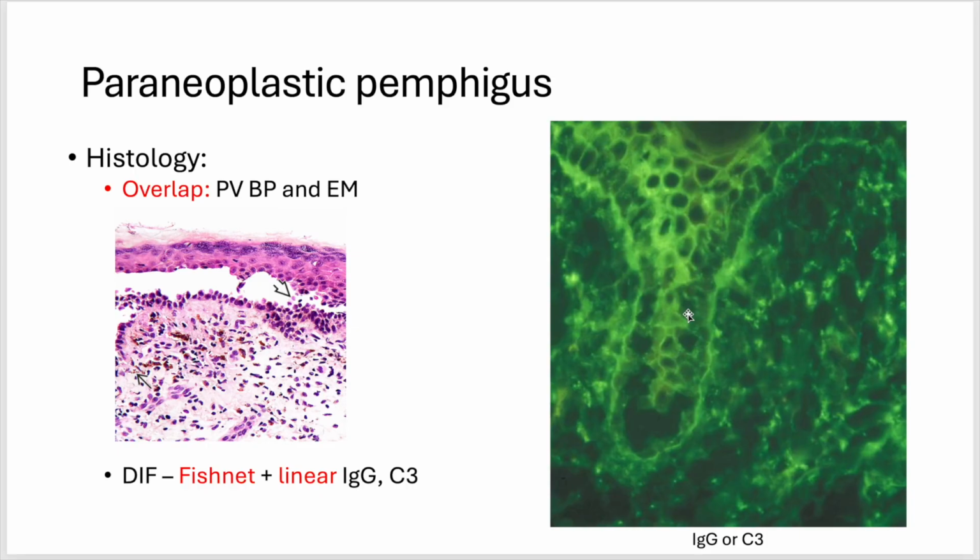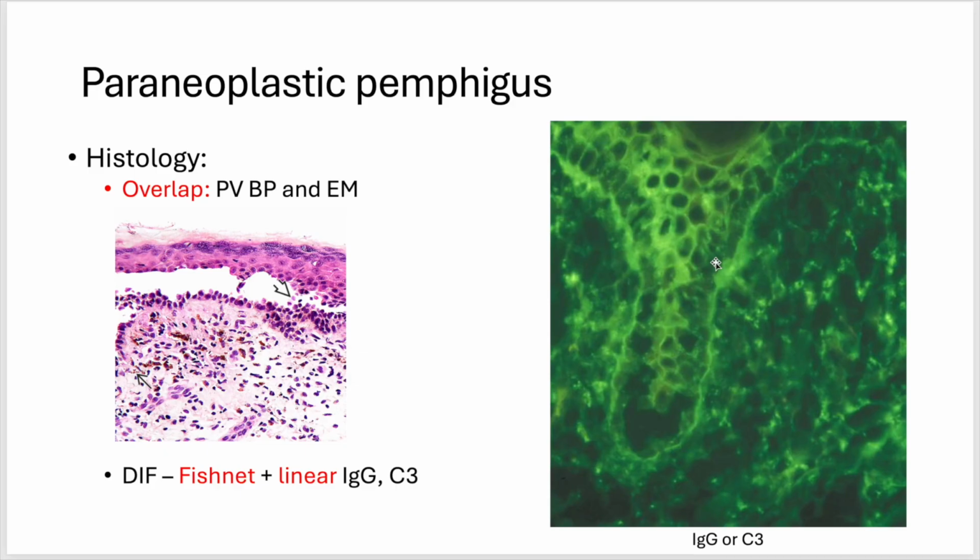When you perform the direct immunofluorescence study, the pattern can also reflect its complexity. You will often see both intracellular fishnet IgG and linear IgG or C3 at the basement membrane zone.